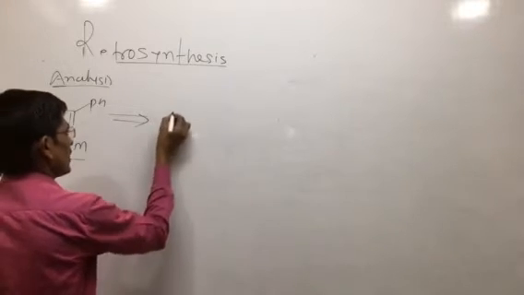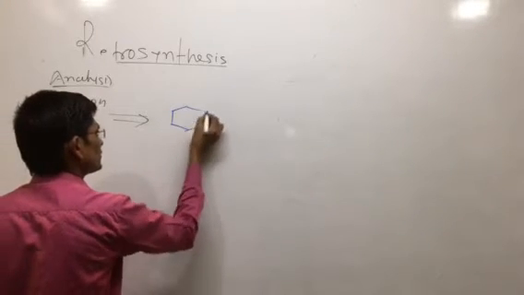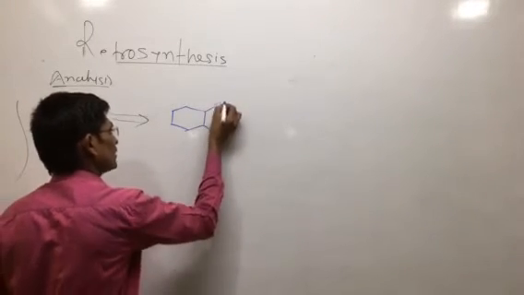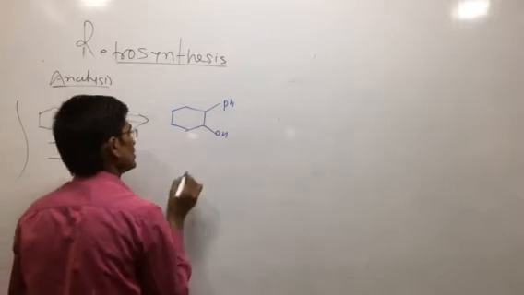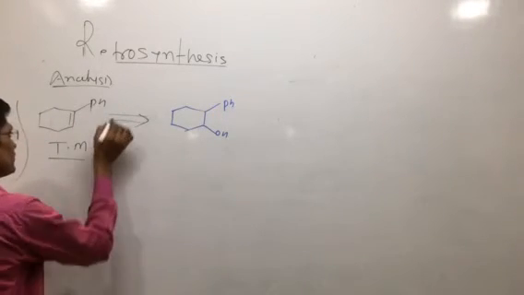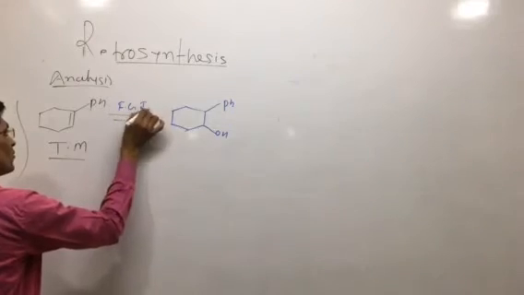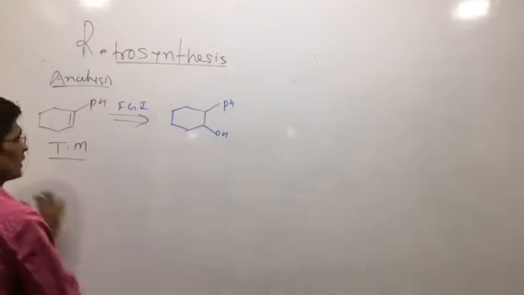First of all, this hydroxide. I am writing this hydroxide. So this is FGI, functional group interconversion. Alcohol is converted into the alkene.